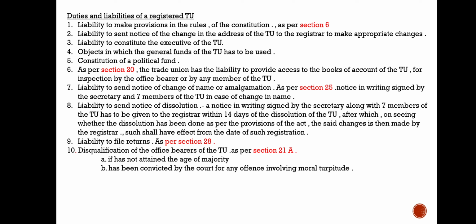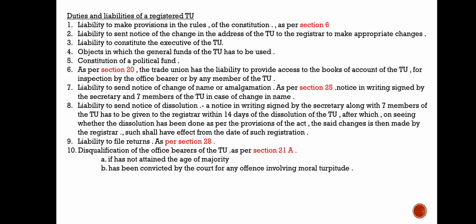Then we have seen the manner of election of the office bearers. Then we have also seen that the trade union can hold funds, so the safe custody of the funds of the trade union. All these things are mentioned under section 6. So when applying for registration, the trade union has to look at whether all such provisions have been properly complied with.